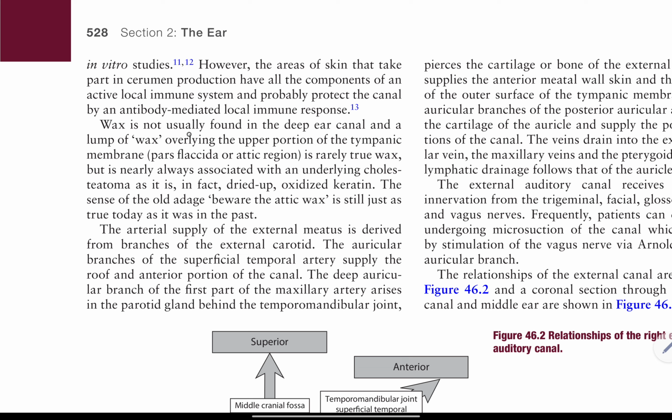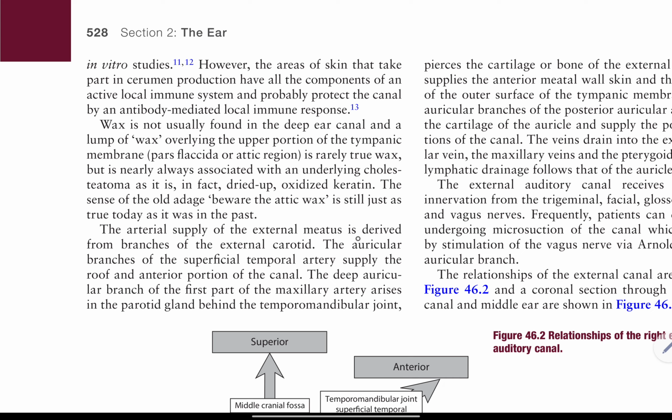Wax is not usually found in the deep ear canal, and a lump of wax overlying the upper portion of the tympanic membrane, the pars flaccida or attic region, is rarely true wax, but is nearly always associated with an underlying cholesteatoma, as it is in fact dried up oxidized keratin. The saying of old, beware the attic wax, is still just as true as it was in the past.